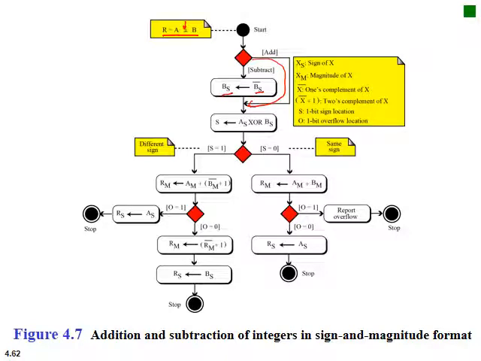And now we need to determine the final sign. And the final sign, that's S, is going to be determined by taking the sign of A and XOR that with the sign of B. Alright, so remember what XOR does. XOR is the so-called difference checker.